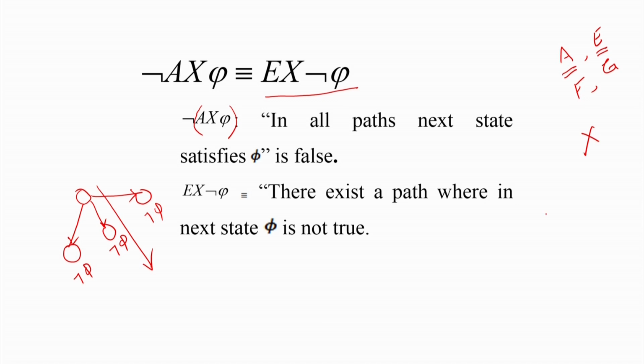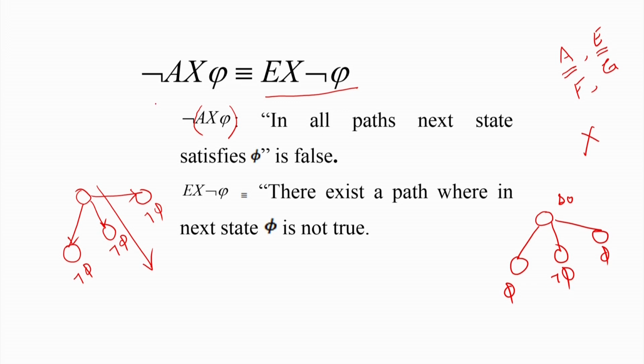So, I can draw another diagram. In this scenario also you see what is the status of the formula not of A X phi. You will find that not of A X phi is true over here, because in all paths in the next state phi is not true. So, at least one path we have where not of phi is true.